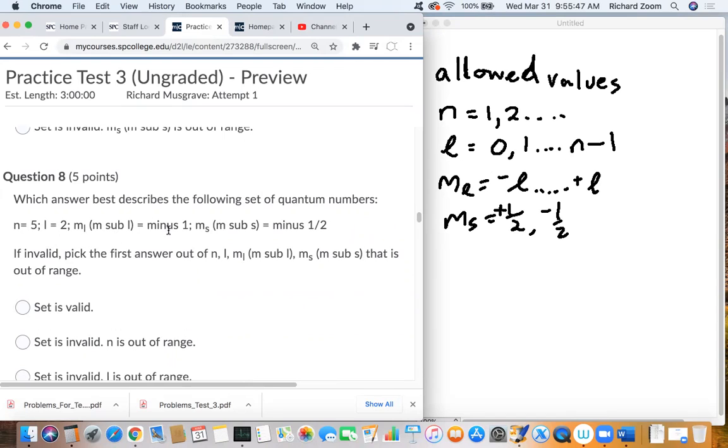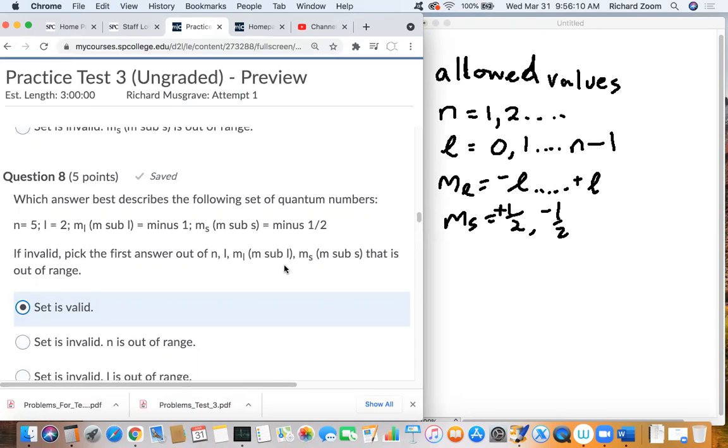M sub L is -1. So the M sub L value can go from -2 up to 2. So -2, -1, 0, 1, or 2. So that's okay. So -1 is an allowed value. And M sub S -1/2, that's allowed. So the set is valid. Does anybody have any questions about number 8?